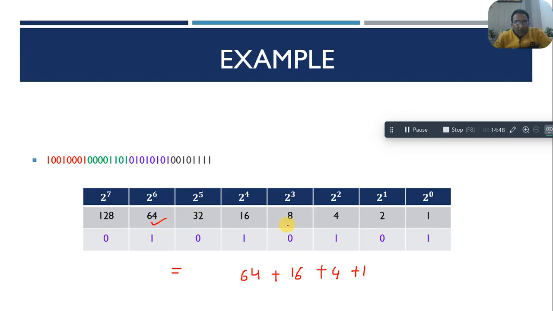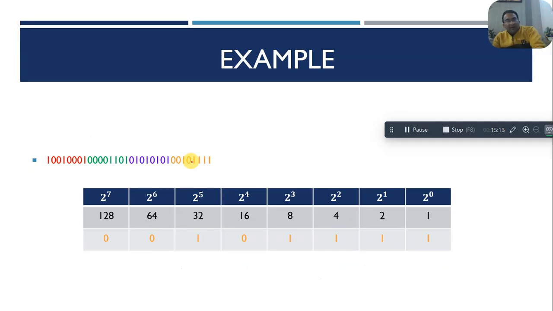So 64 plus 16 is equal to 80, 84, plus 1, 85. So the binary to decimal conversion of this 8 bits is equal to 85. So now we have 145, 13 and 85.